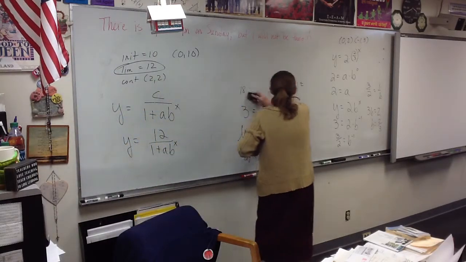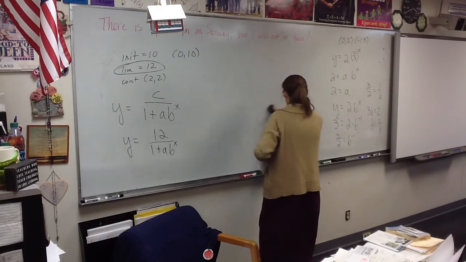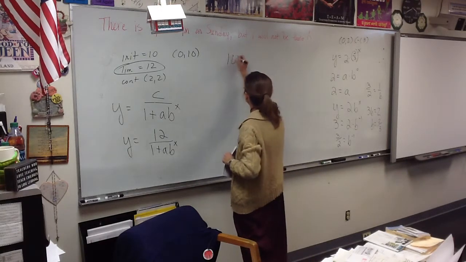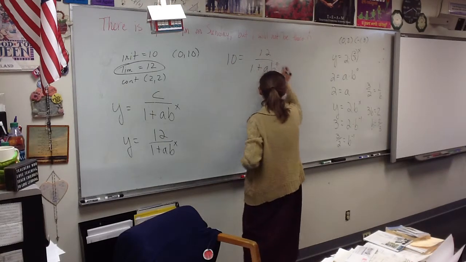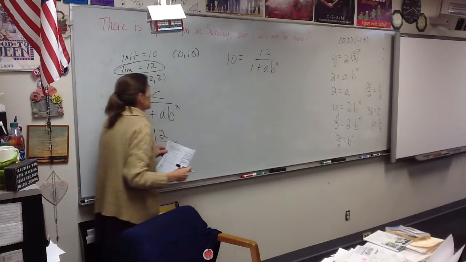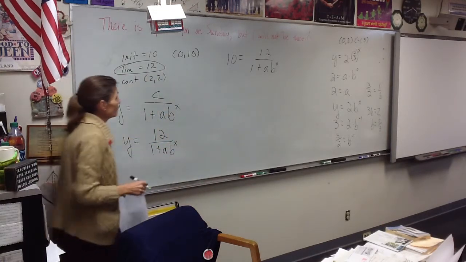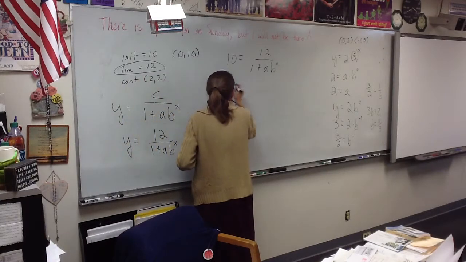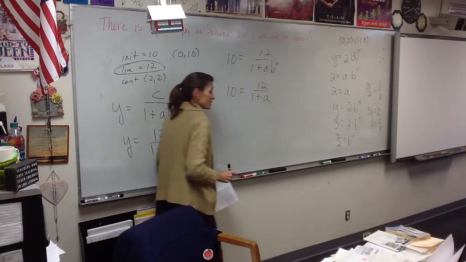So we have 10 equals 12 over 1 plus AB to the 0th. So I put in the point 0, 10. What's b to the 0th? 1.